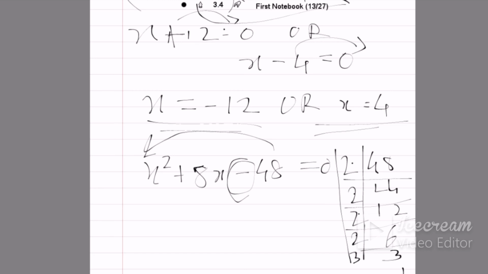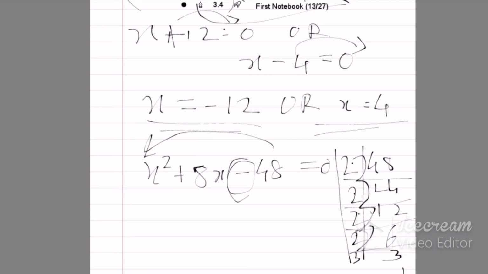First, if we multiply 2 into 2 into 2, that is 8, right? And we have 2 into 3 as 6. If we subtract that, we will get 2 as the remainder, but we don't want 2 here. So again we will see, 2 into 2 is 4, right?